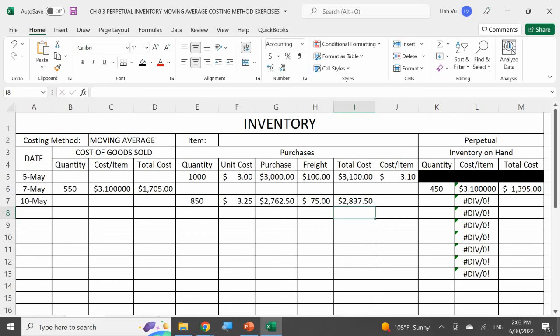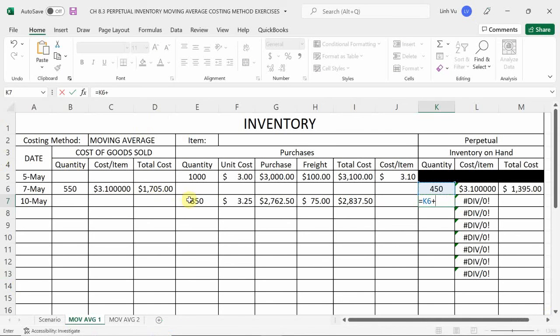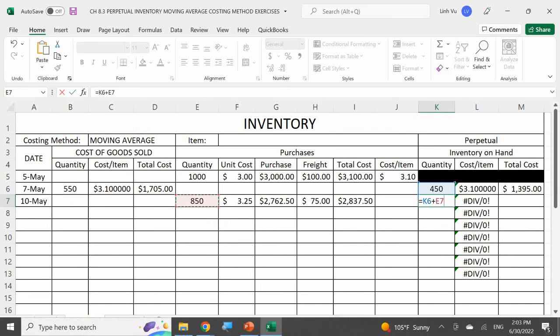So therefore, this row here, what am I going to do? I'm actually going to start calculating what is the grand total between the two. So what is 450 plus the new purchase of inventory of that 850? 1,300. Now let's solve for my total cost.